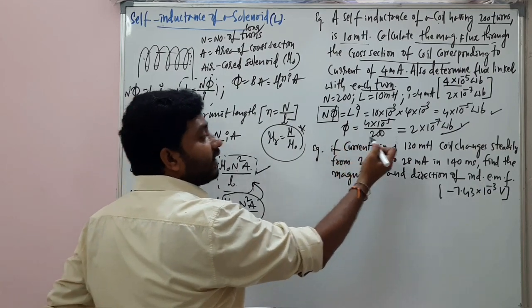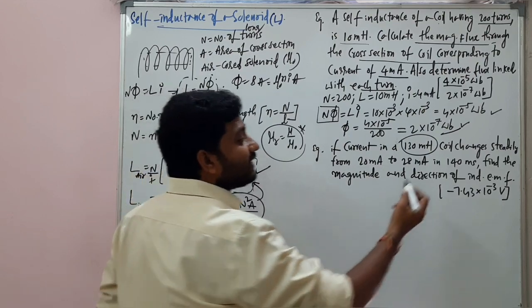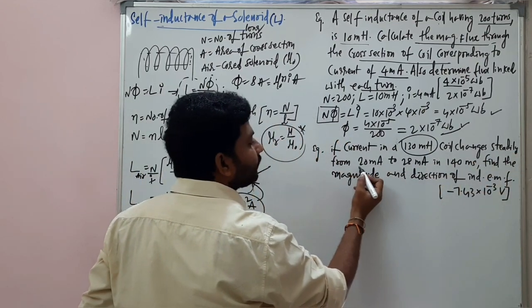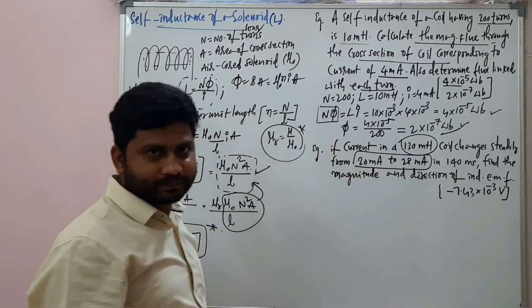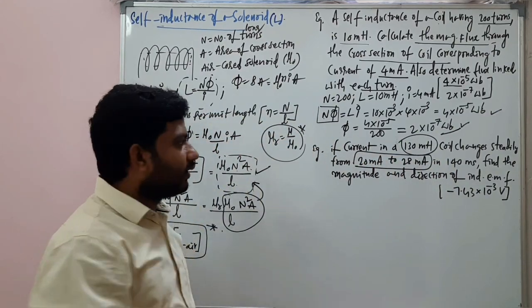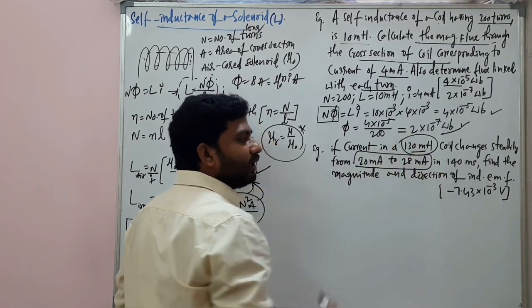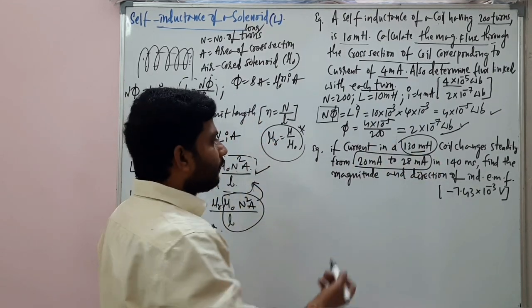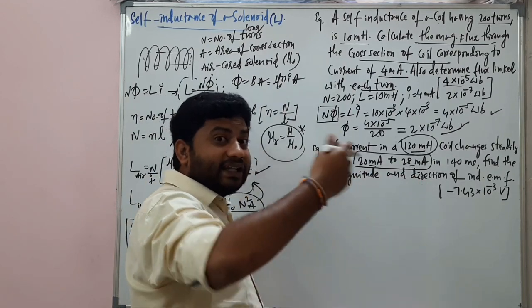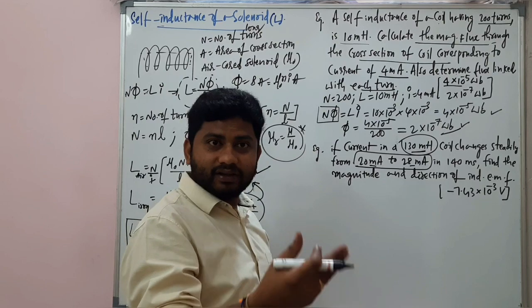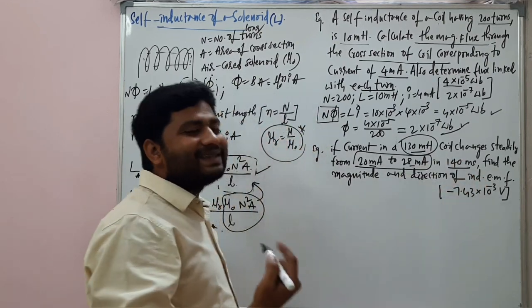If current in a 130 millihenry coil changes steadily from 20 milliampere to 28 milliampere. The current is increasing in 140 milliseconds.